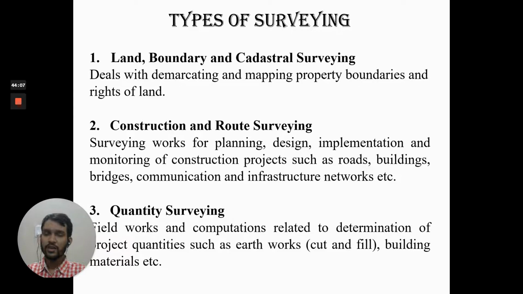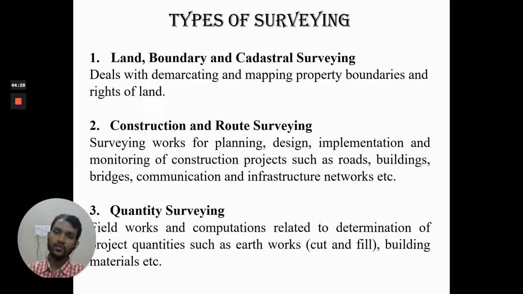We need to demarcate the boundaries of the park. For that, the land survey, or boundary survey, also known as cadastral survey, is conducted. The activities remain the same; based on the purpose for which the surveying activity is conducted, the surveying is classified like this.